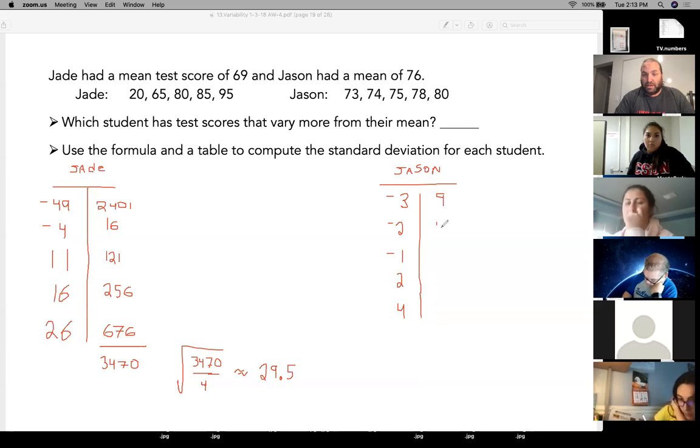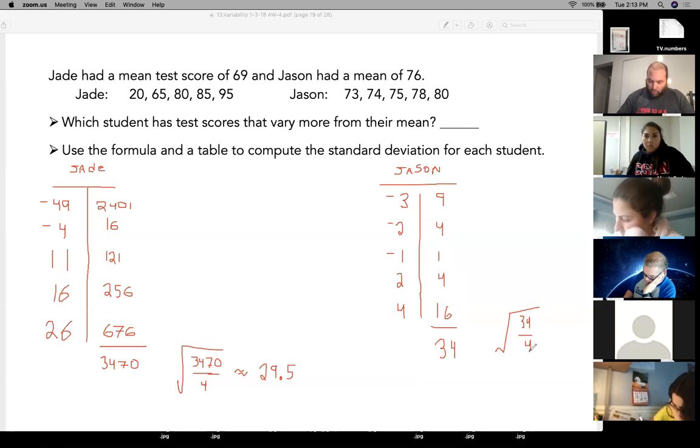We get 9, 4, 1, 4, and 16 for a total of 34. If I then take 34 and divide by 4 and square root it, I get a much smaller deviation of 2.92.